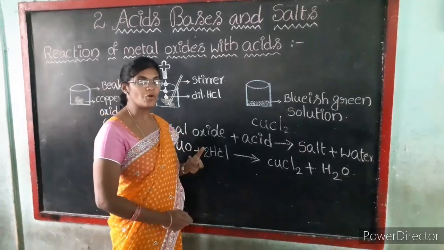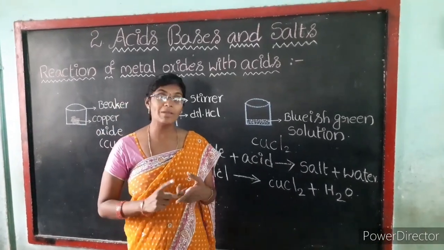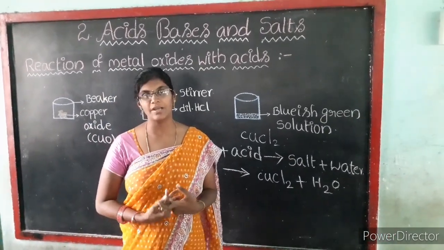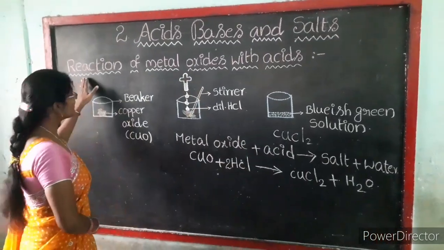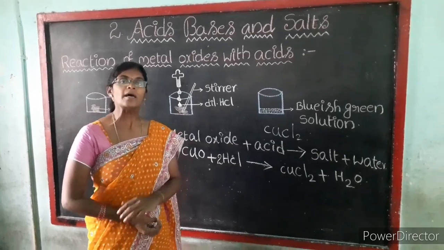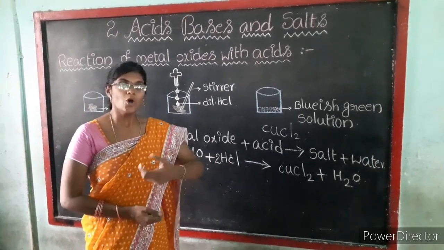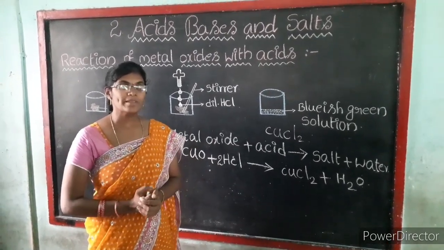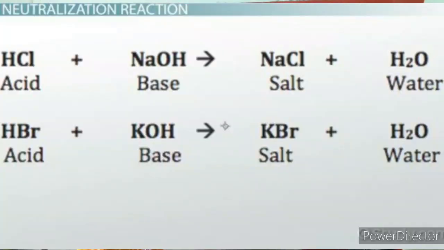By the observation of activity 5, the neutralization reaction, and activity 6, reaction of metal oxides with acids, by these two activities, what we understood? Yes, we conclude that in neutralization reaction, the bases react with acids, they give salt and water.